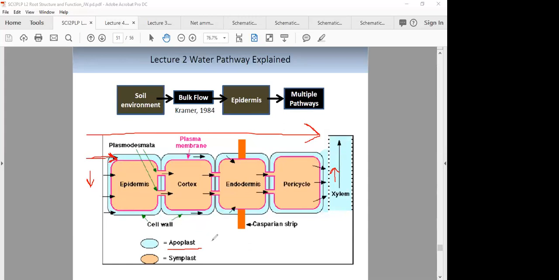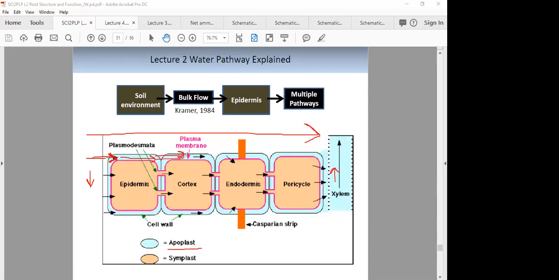All right, this region refers to the space between the plasma membrane of the cells and the cell wall. It's also referring to the cell wall itself. So water can move through the cell walls from cell to cell.